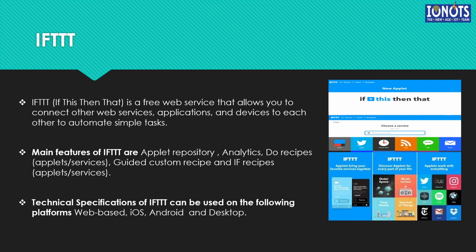You'll set the time as 8 p.m. within the date and time section, that is the this section, and accordingly you'll ask the web service to post or tweet on Twitter under the that section. And under the that section, you'll configure it in a way that every day at 8 p.m. you'll be sending up an inspirational quote on Twitter.